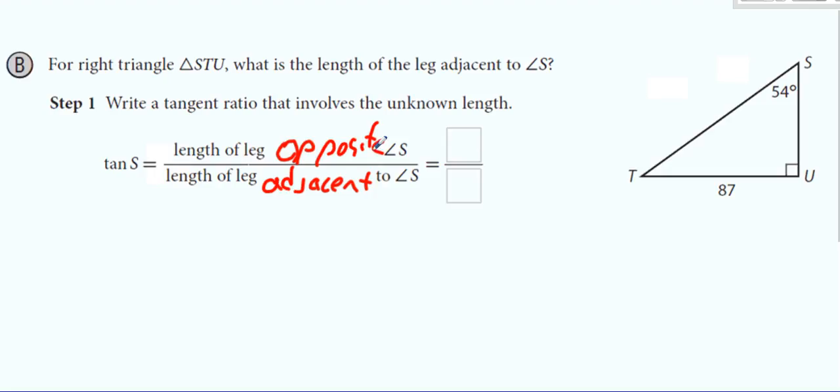When you take the length of the opposite side, imagine that angle is a wave that's going out to hit the 87. And then the adjacent side is the side that is between the angle and the right angle. So that's SU. We actually don't know the length of it, so we could call it SU. You could also just call it X. That would be okay as well.